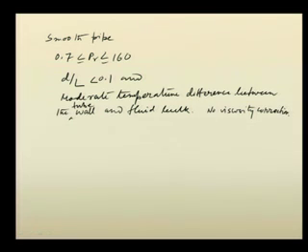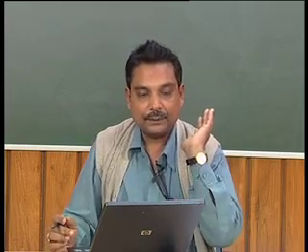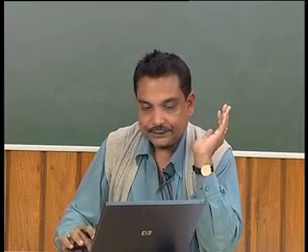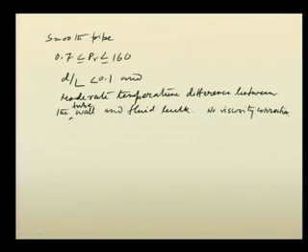That means these are the conditions for which the Dittus-Boelter equation is applicable. It should be turbulent flow, with the Reynolds number greater than or equal to 10,000. It should be fully developed flow, that means there is no entrance effect. Then this should be a smooth pipe, that means no pipe roughness.